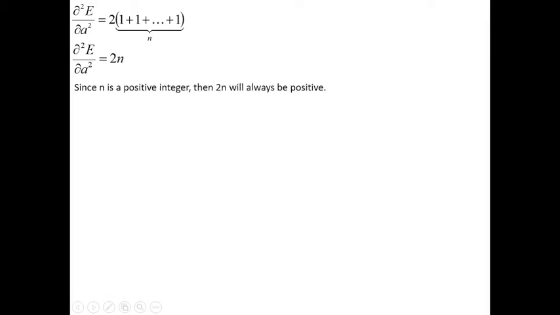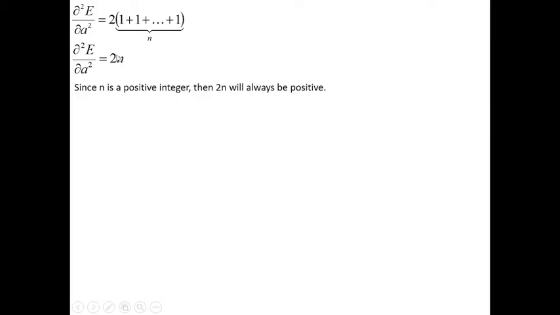And since n is a positive integer, no? Ang n natin ay isang positive integer. Okay? Kung sinabi nating integer, it is a number that is not decimal, di ba? So, positive integer. So, sabihin yan, positive 1, positive 2, etc. Then, 2n will always be positive.